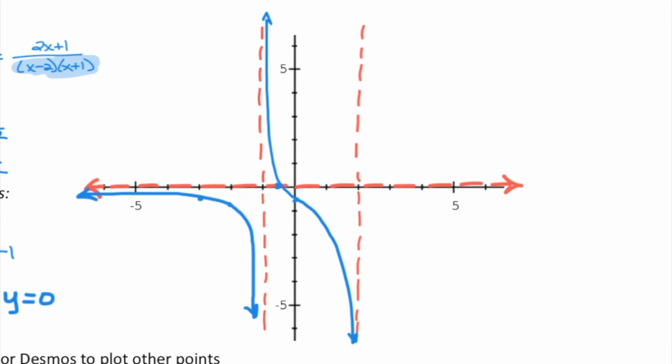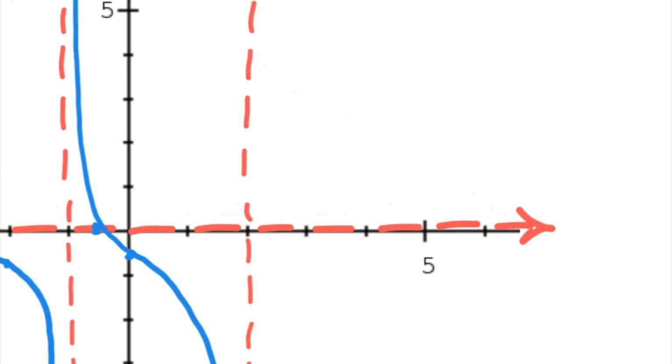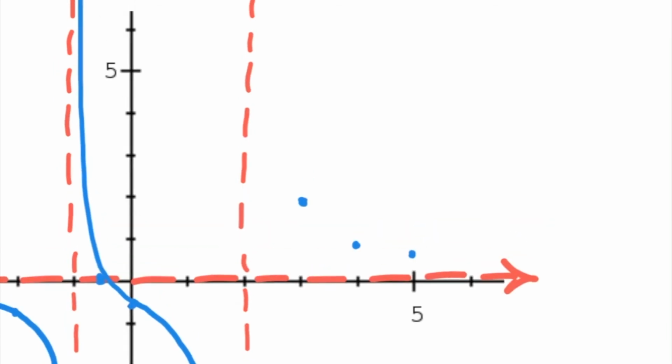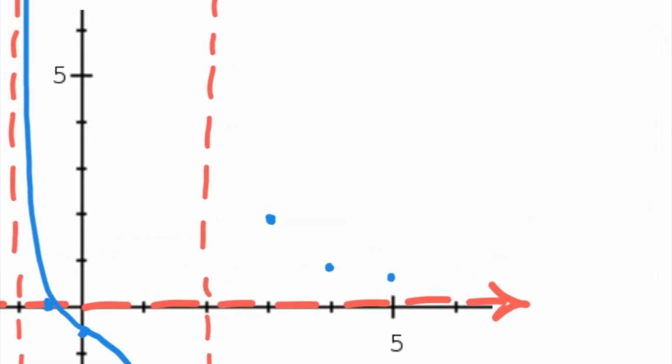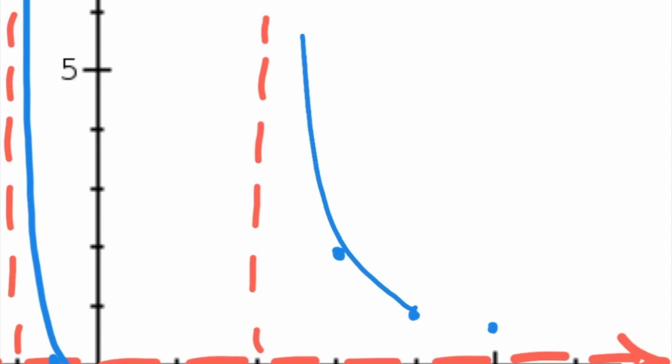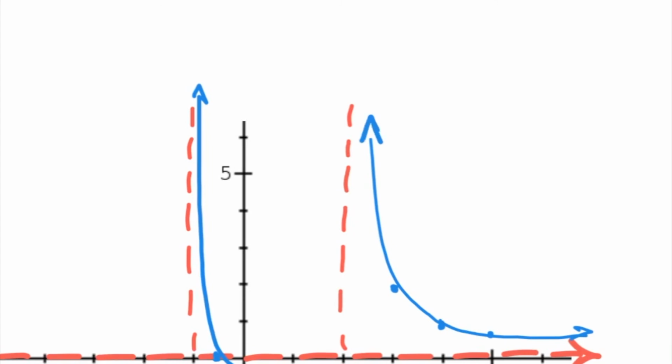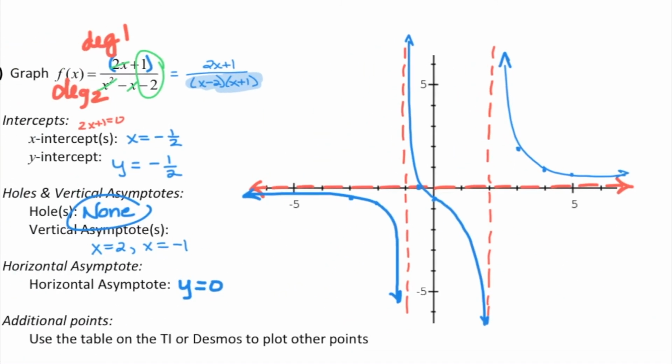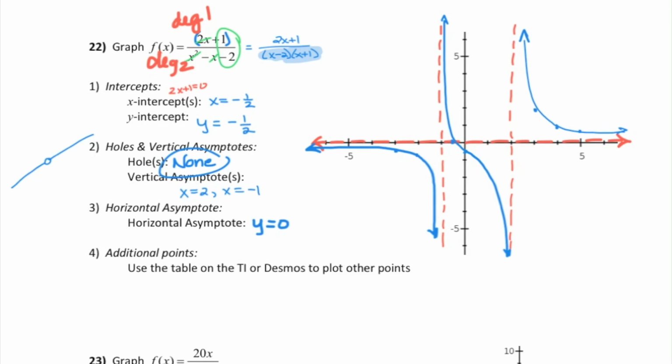And then the other points that I can graph: 3 and 1.75, which is about there, and I can graph 4 and 0.9, and I can graph 5 and 0.6, but then that gets closer and closer to the asymptote there. So that gives me the general shape of that part of the graph. And so here I'm going toward the asymptote there and up here. And so this first graph should look something like that.